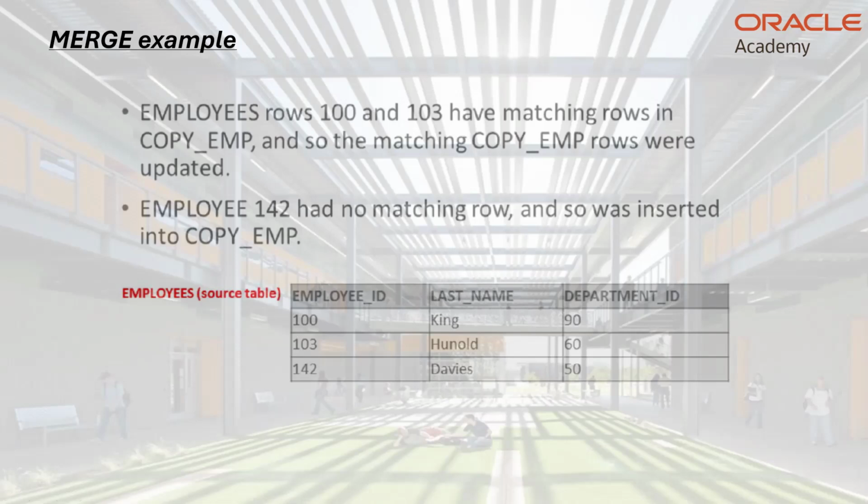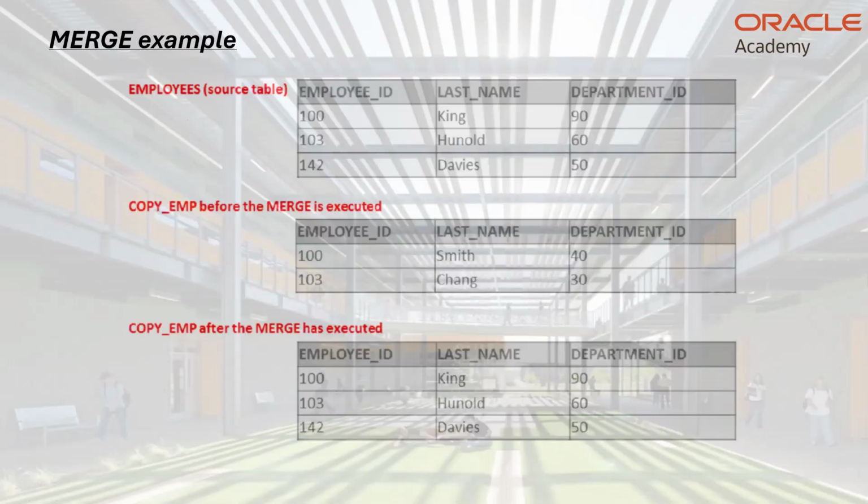Remember, merge will do the insert or update based on the data, in our new table or an existing table. If you take a look at this, here's our source table, employees, here's our copy table, and we're updating specific information on these three employees, King, Hanold, and Davies, in our copy table.